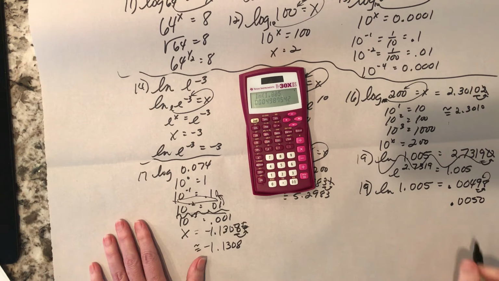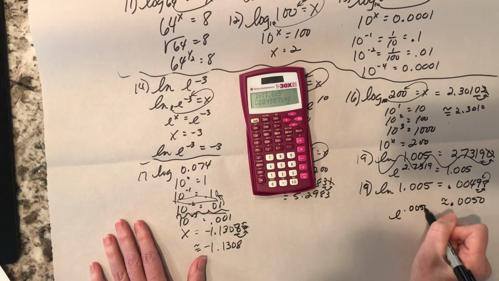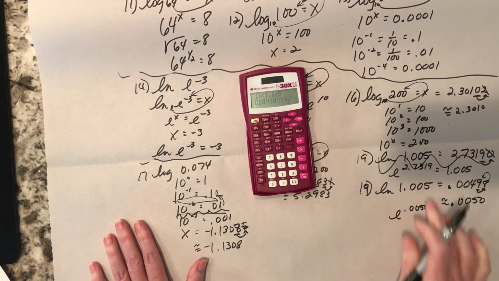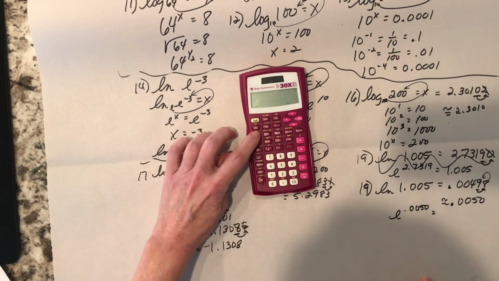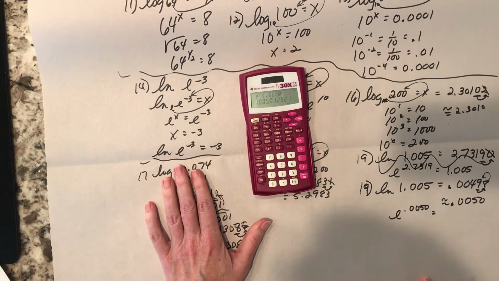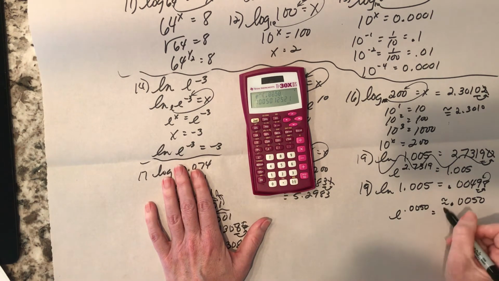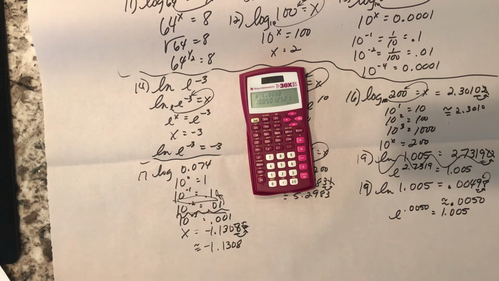So there's our answer, and that's an approximate answer, .0050. And as a check, e raised to the decimal point 0050 sure better give us 1.005. Let's look at that. We look at e raised to the point 0050, and we get 1.005. Wonderful.